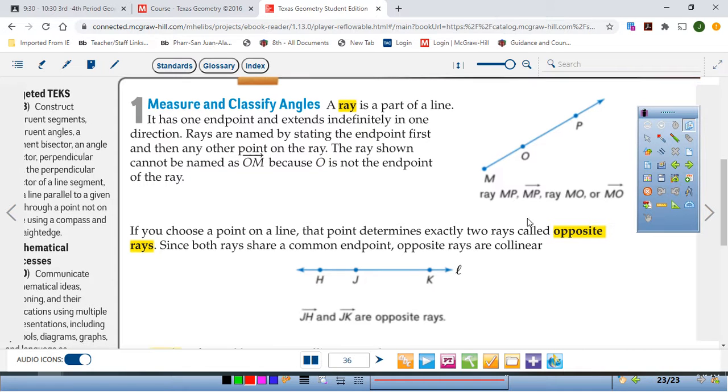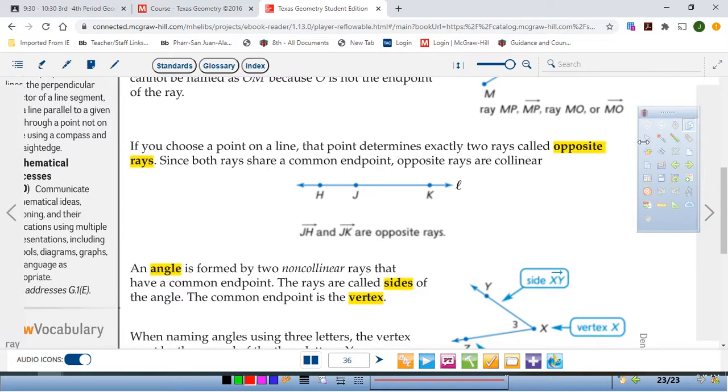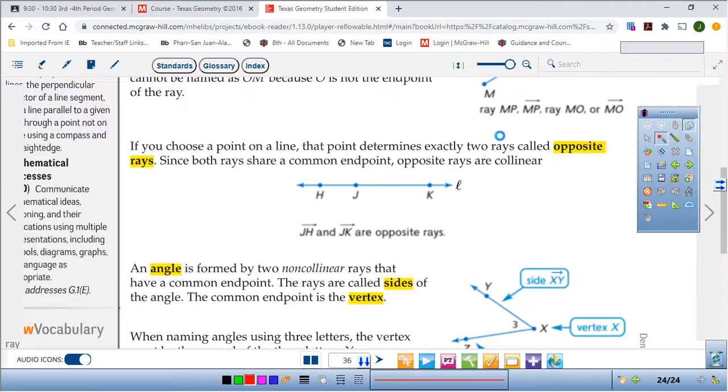There are some key words here you need to know. You should know them already. Ray, you know what that is. Now, opposite. This is opposite rays. It's just basically saying they go in the opposite direction from a common endpoint. If they do that, guess what they form?